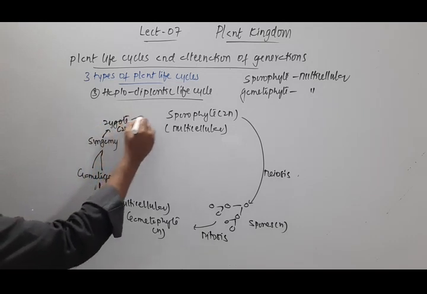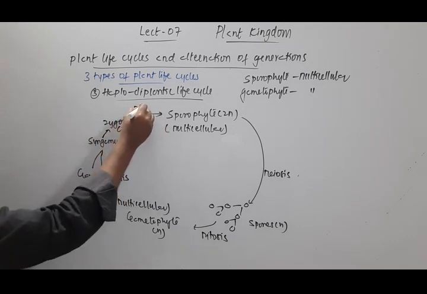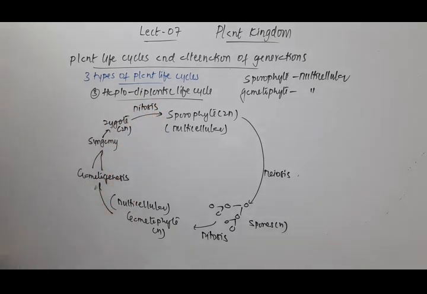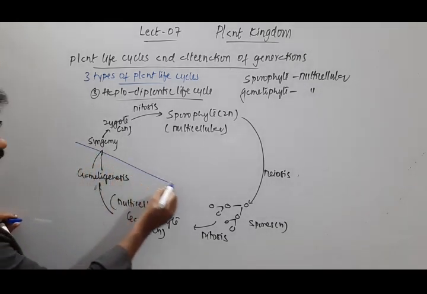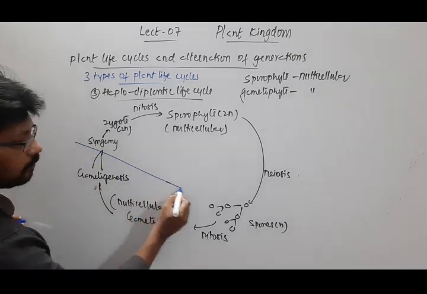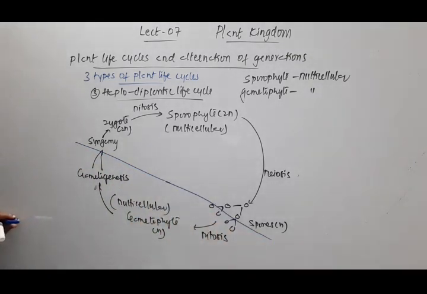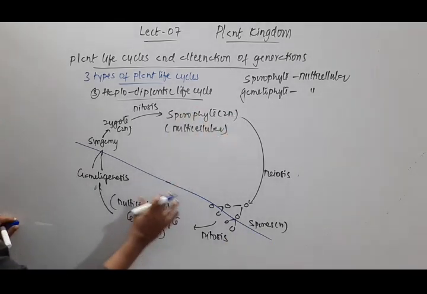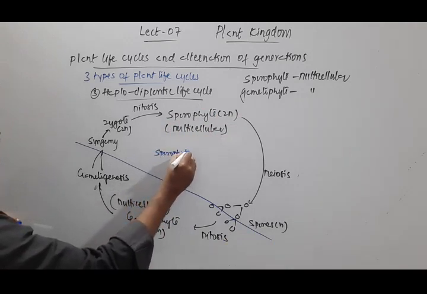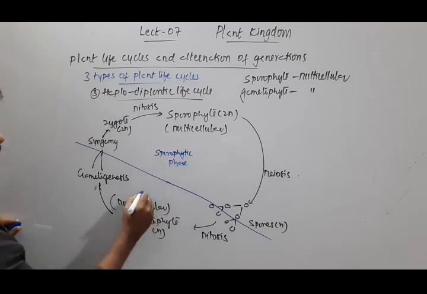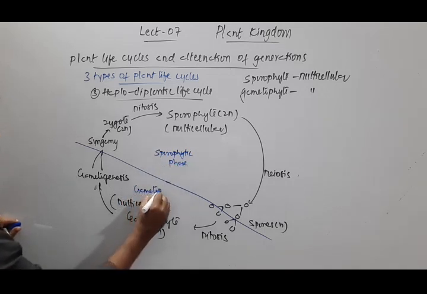The zygote finally develops into the sporophyte by mitosis. So this phase is the sporophytic phase, and this will be the gametophytic phase.